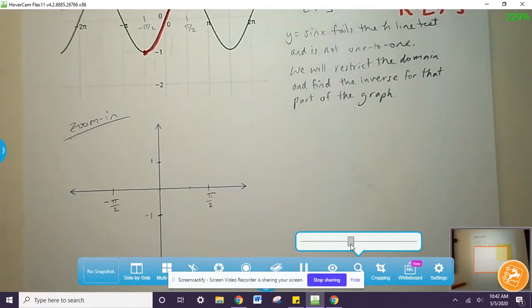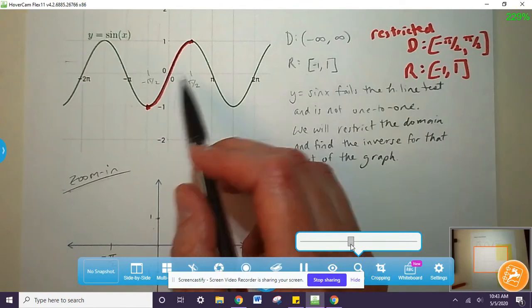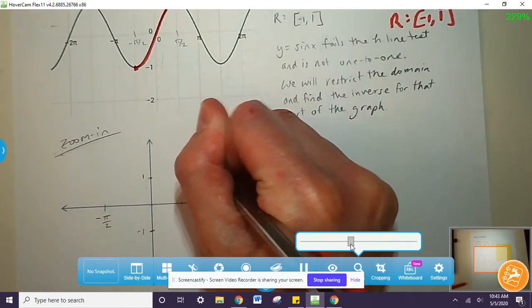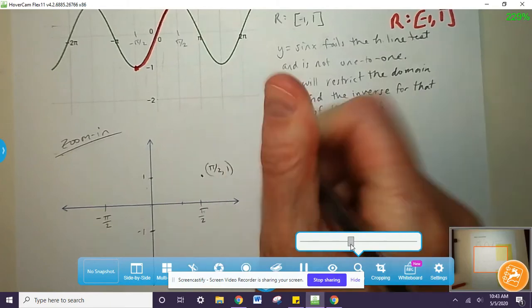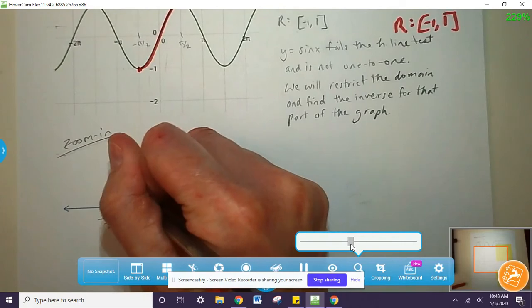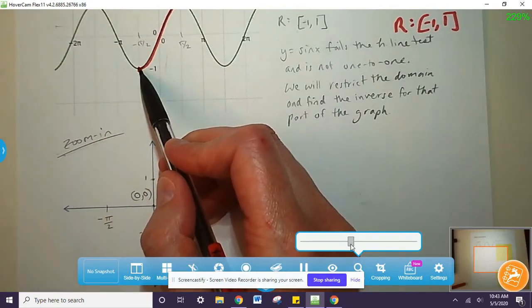Okay, so I'm just recopying this graph here. So I have a point at pi over 2, 1. I have a point that goes right through the origin at 0, 0. And we have a point right here that's at negative pi over 2, negative 1.